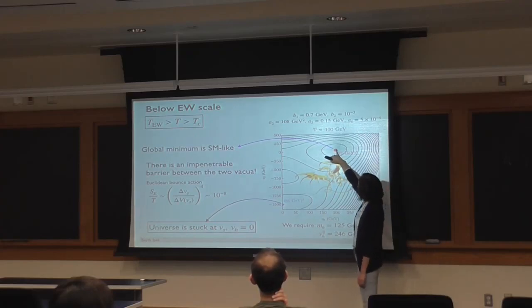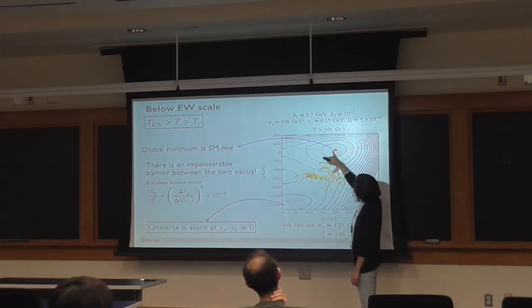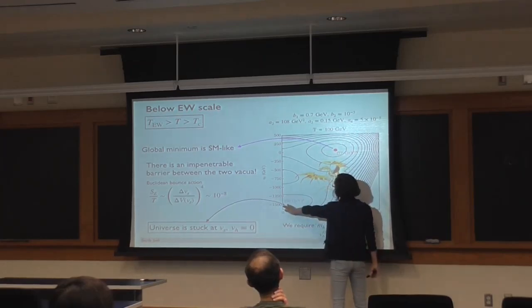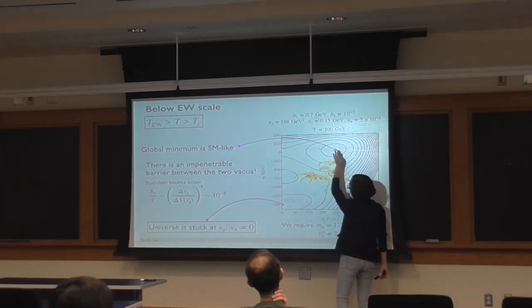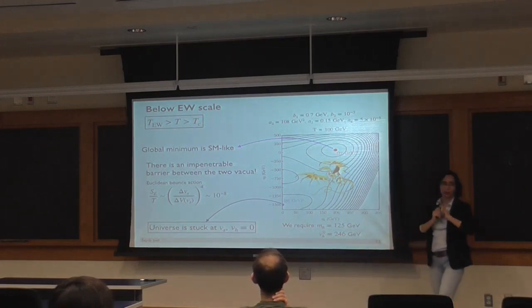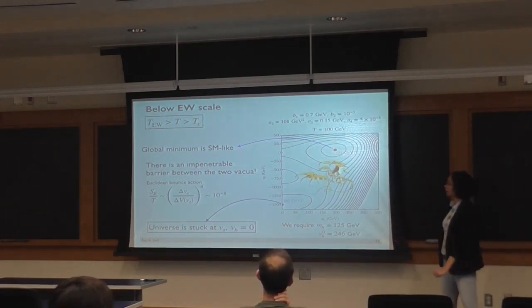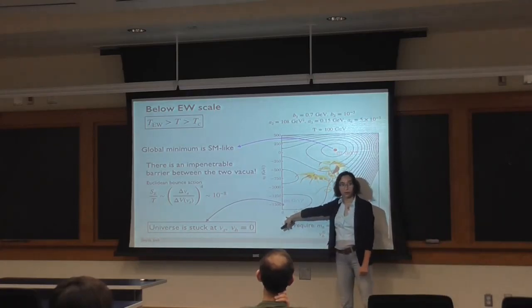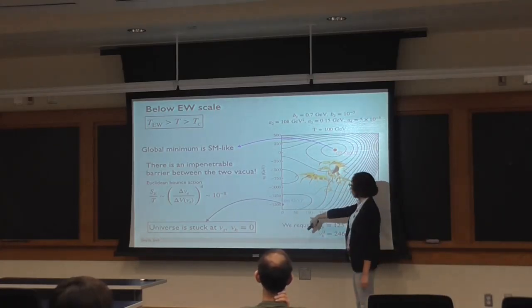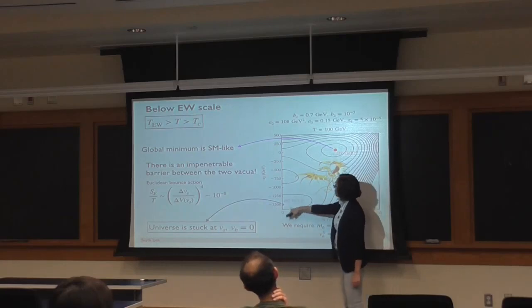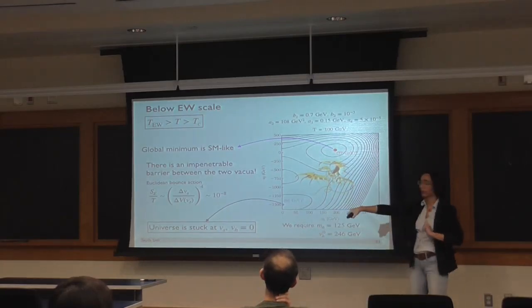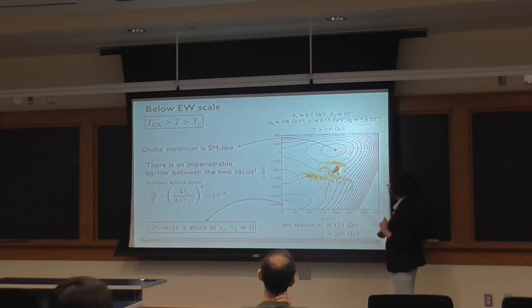Even though this is the global minimum, the potential has a barrier between these two minima. So our universe was stuck here because there's a potential barrier separating the two minima. The universe is stuck in a metastable state for a certain amount of time because this barrier is too high and the tunneling is suppressed a lot.